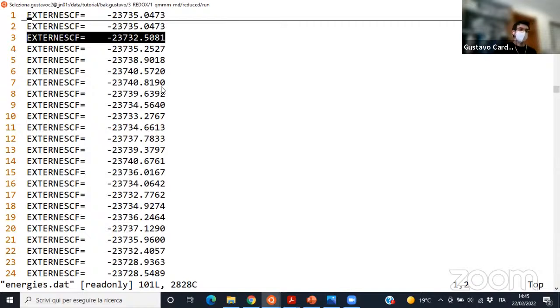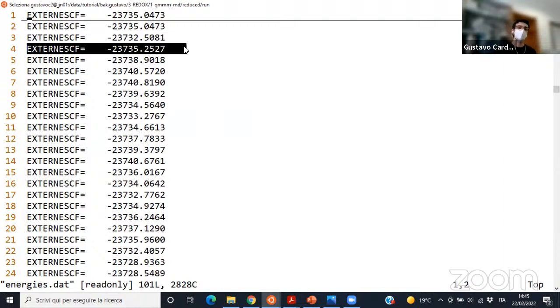Something to point out here: since we're doing grep, we are taking all the EXTERNAL SCF entries. This means we are considering each time step of the simulation that has been printed in an output file. For the sake of this tutorial, of course, it doesn't matter.